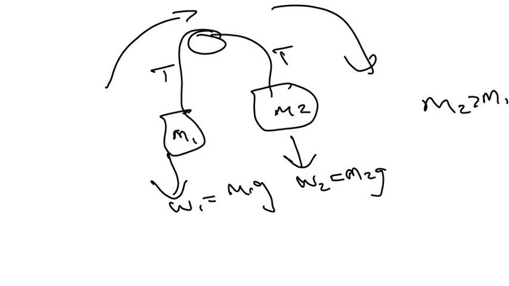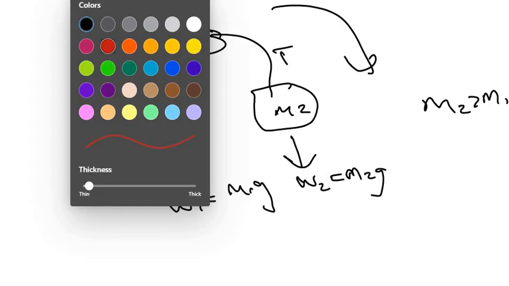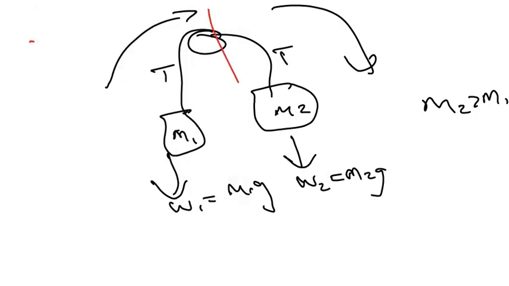Then you cut it in the middle, demarcating M1 and M2, but they have something in common, because they move at the same time. When this guy moves down, this guy moves up, with the same acceleration. Now we're just going to have tension.